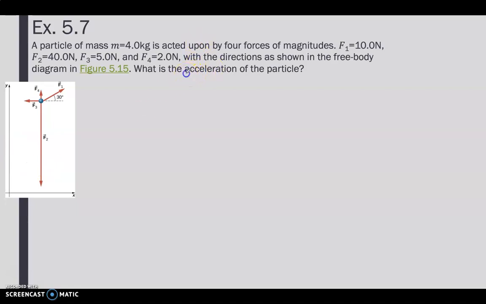And it asks, what is the acceleration of the particle? Again, F net equals mass times acceleration, and F net also equals the sum of each individual force. These will have directions, so they will be vectors.